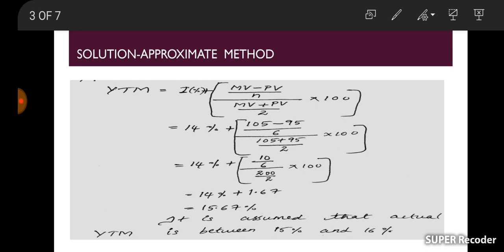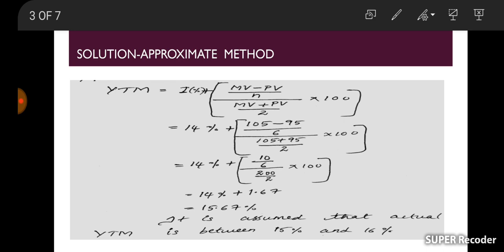and dividing the whole result by (MV plus PV) divided by 2. Here MV is equal to 105 and PV is equal to 95, so 105 plus 95 divided by 2. Then we will get 10 by 6 divided by 200 by 2, that is 1.67 divided by 100.